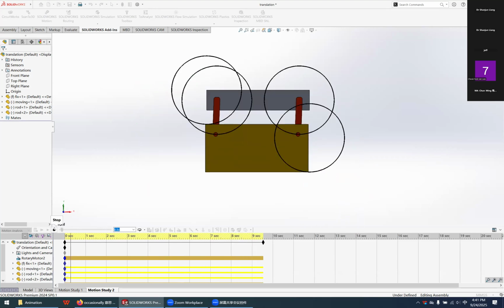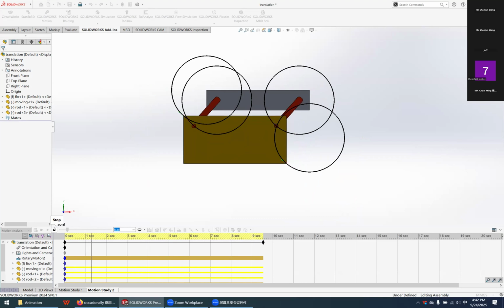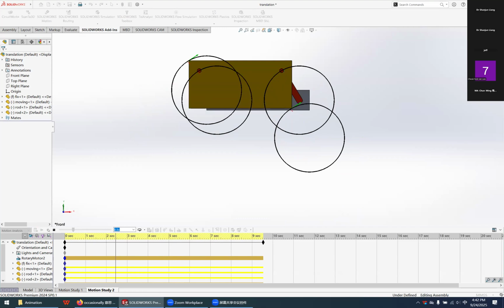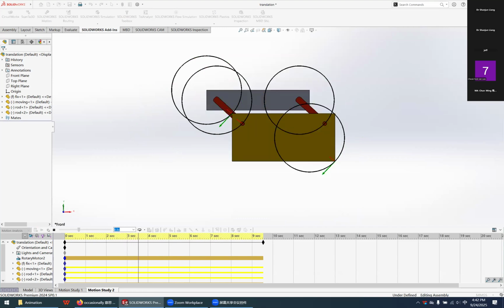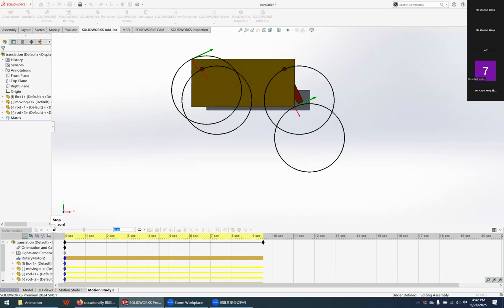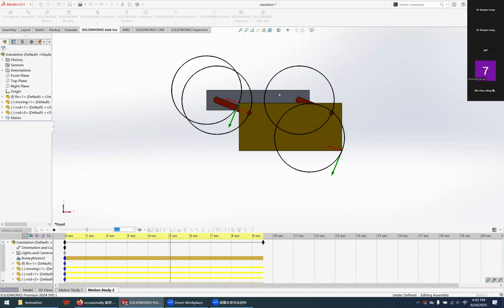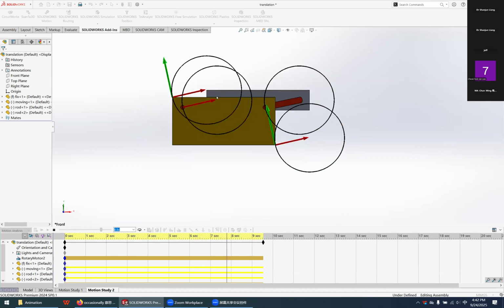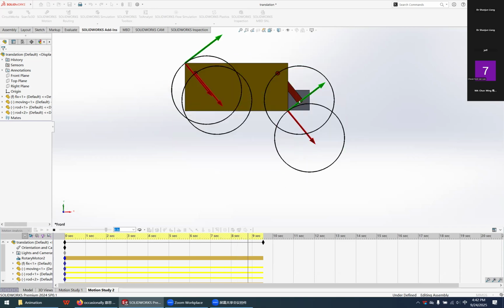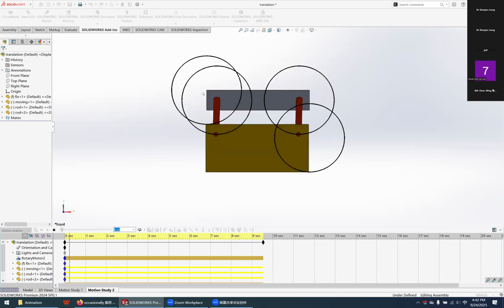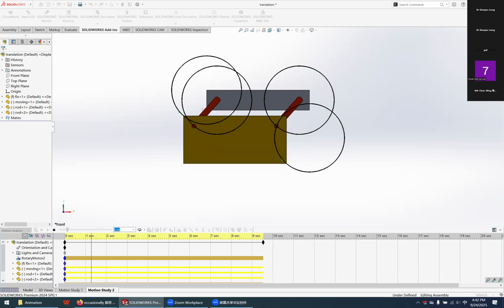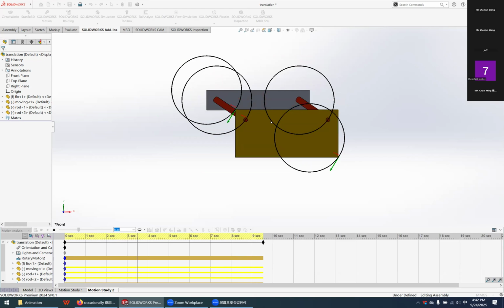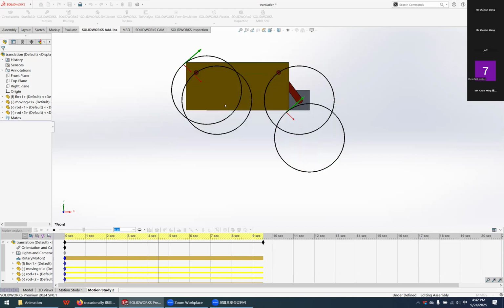Here we have a plate, right? As you can see, we have a gray plate fixed at the background. This one is fixed, and we have two rods, two red ones, and last we have a plate in dark yellow color.